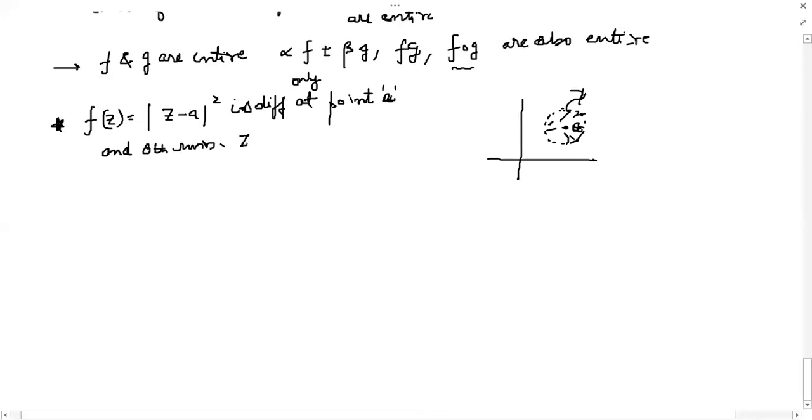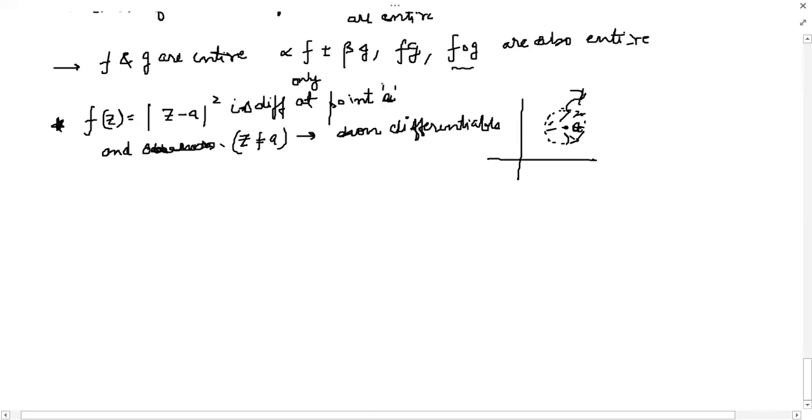So if I don't take z equal to A, then it is non-differentiable. So f(z) is non-differentiable for all those points except z equal to a. Clearly, in the neighborhood of z equal to a, you will find points other than a also.